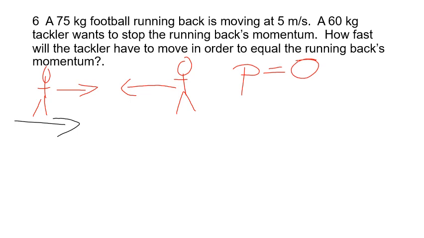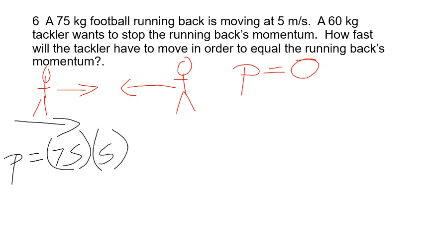Well, what is their momentum? What's their mass? 75 times 5. So the ball carrier has a momentum of 375. In order for his momentum to go to 0, the tackler must have a momentum of 375 going in the opposite direction.